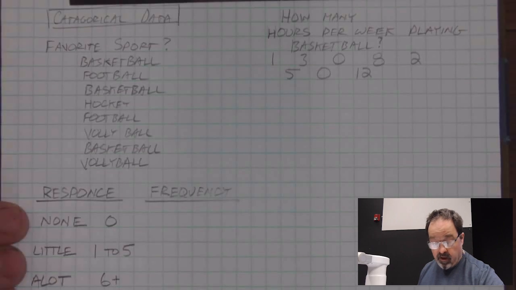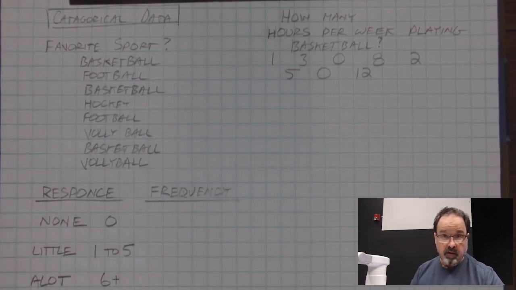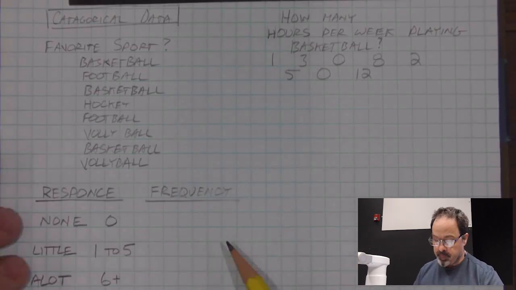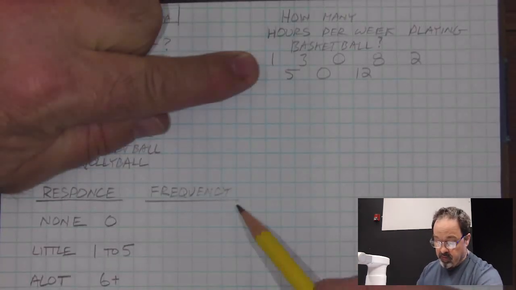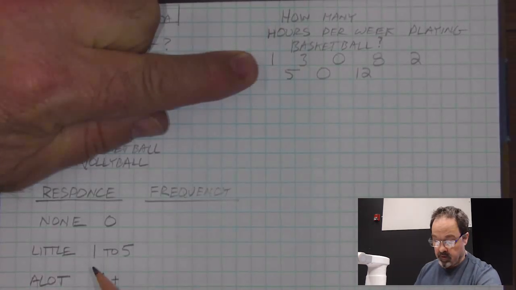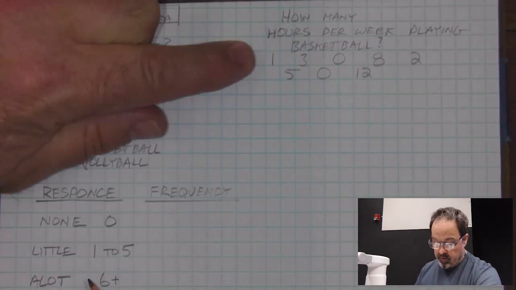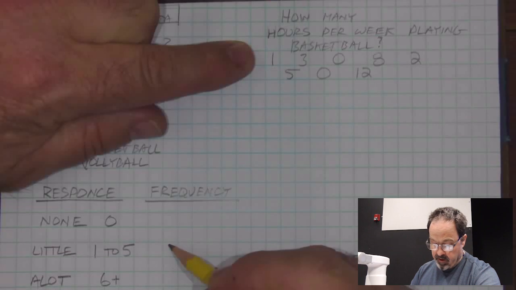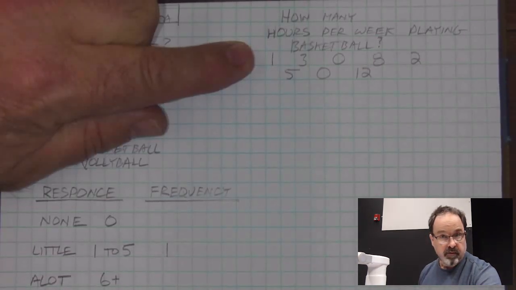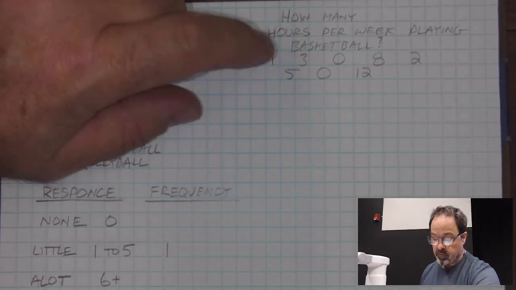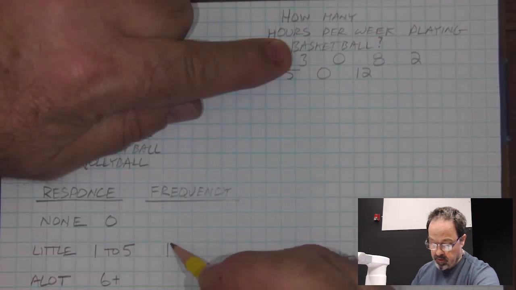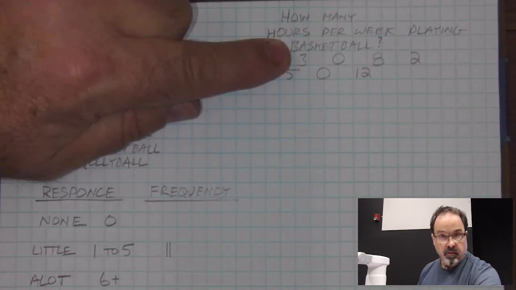Now these are categories. They're not numbers, they're words that describe how much. None, little, lot of basketball. But every response is going to fit into one of these categories. A response of 1 will fit into this middle category of a little, and I'll make a tally there that's not a 1, because I'm going to go to every single number and decide what category it belongs to.